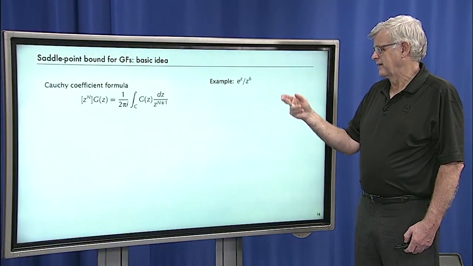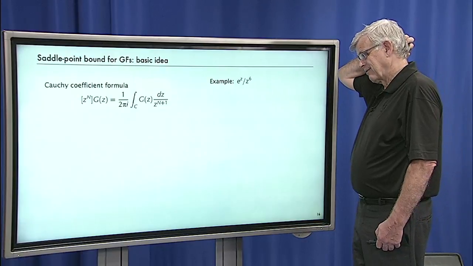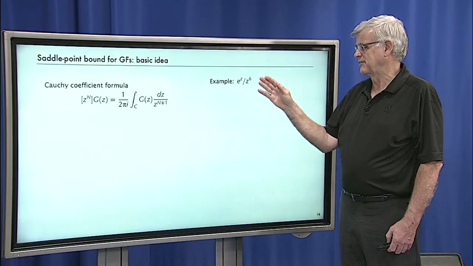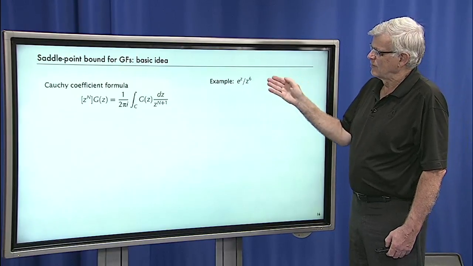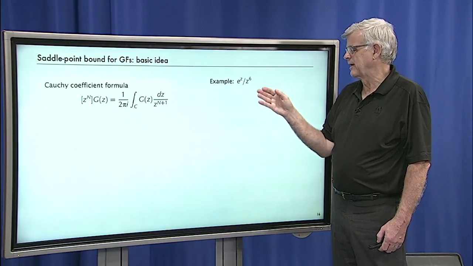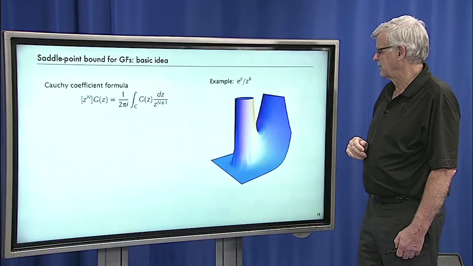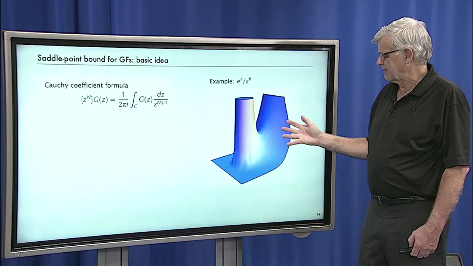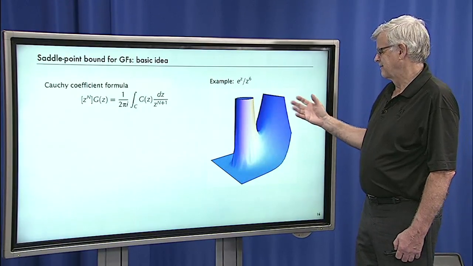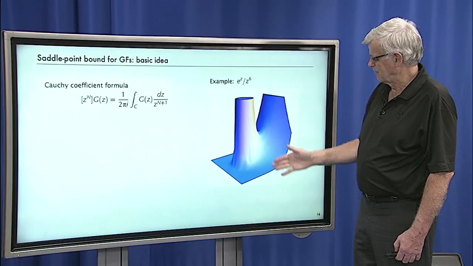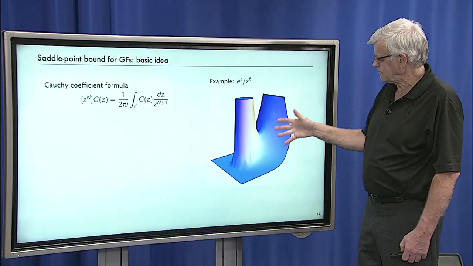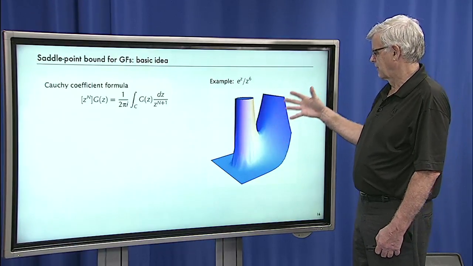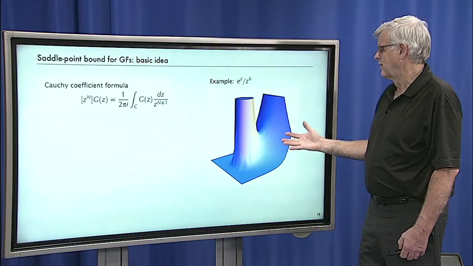Just to look at an example, suppose g of z is e to the z, and we're looking for the coefficient of z to the fifth. So that means the function that we're integrating would be e to the z over z to the sixth. That's a plot of that function. It's got a pole at 0, and then as the real part gets large, it starts to get large.